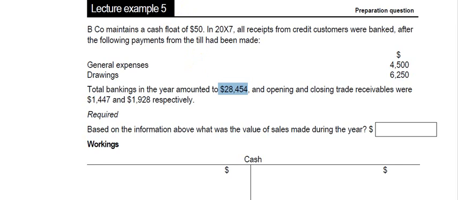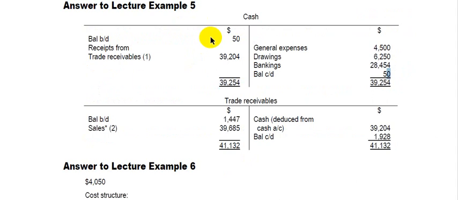So we are done with all the figures, so we can balance up and get our closing balances. So when you close the cash account, you find that the credit side is more than the debit. The balancing figure means that's what you sold.